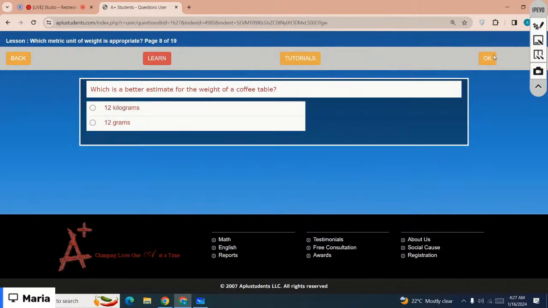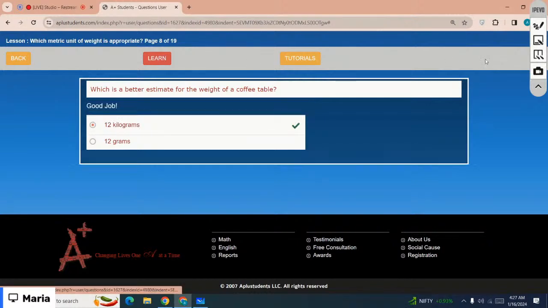Which is a better estimate for the weight of a coffee table? Which is the correct option? Coffee table it is. So that would be 12 kilograms, right?